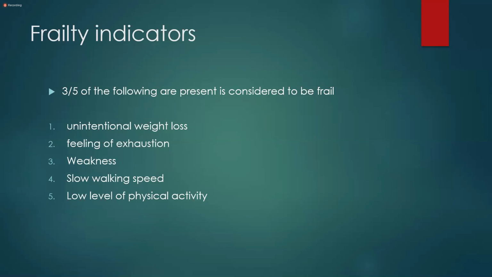And a significant weight loss is 10%, for the past 6 months, decrease in the body weight for the past 6 months, no? And then feeling of exhaustion, palaging pagod, maluya, weakness, slow walking speed, and low level of physical activity. If your lola or lolo or your mom has 3 out of these 5, these are the frailty indicators.